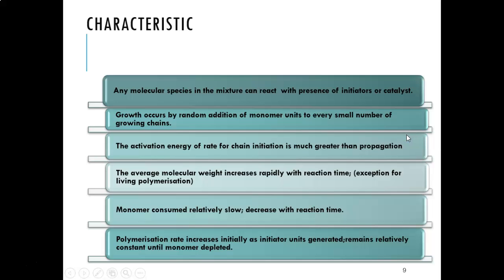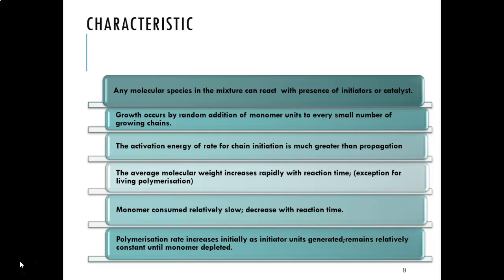These are the characteristics of chain growth polymerization. One molecular species in the mixture can react in the presence of an initiator, also known as a catalyst. The growth occurs by random addition of monomer units to a very small number of growing chains. The activation energy for chain initiation is much greater than for propagation.